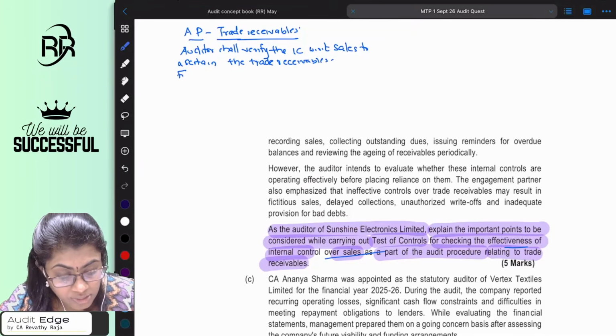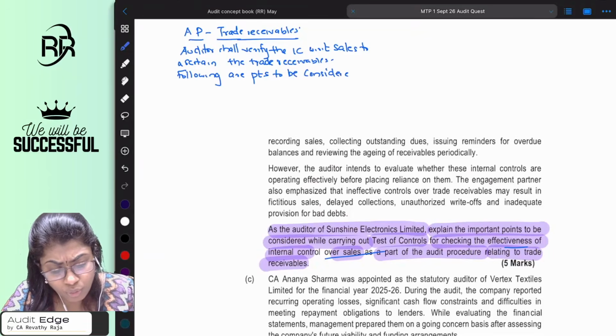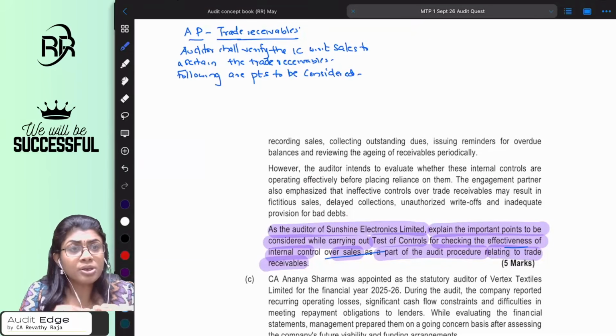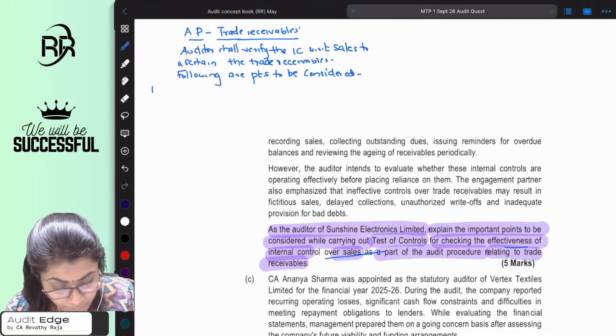Following are the points to be considered. Now you can write it as 1, 2, 3, 4. You can write it as points.